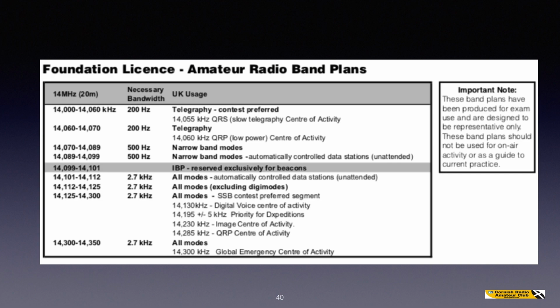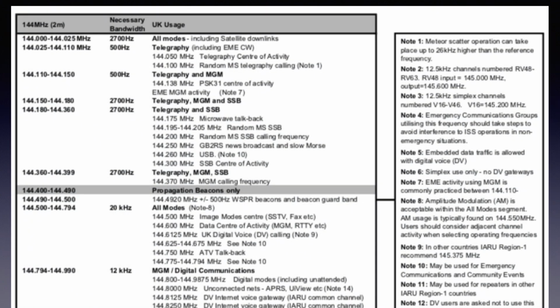Now that was 20 meters, at 14 megahertz, that's HF. Let's have a look here. We have some 2 meter band plans around 144 megahertz. These are VHF. Similarly, you can see the band plans there, and then the notes on the right.